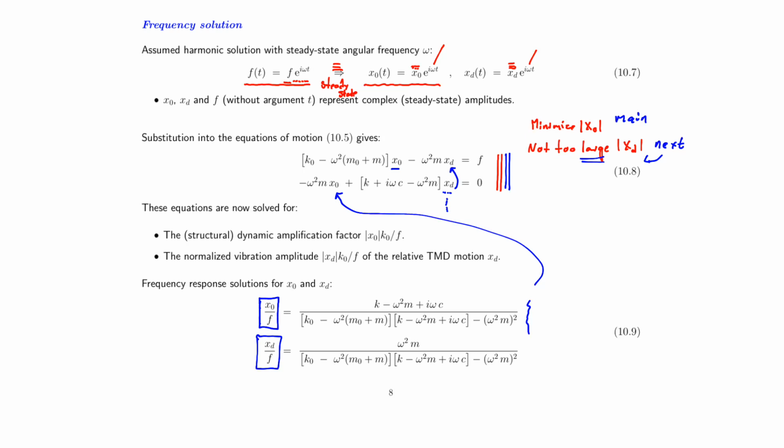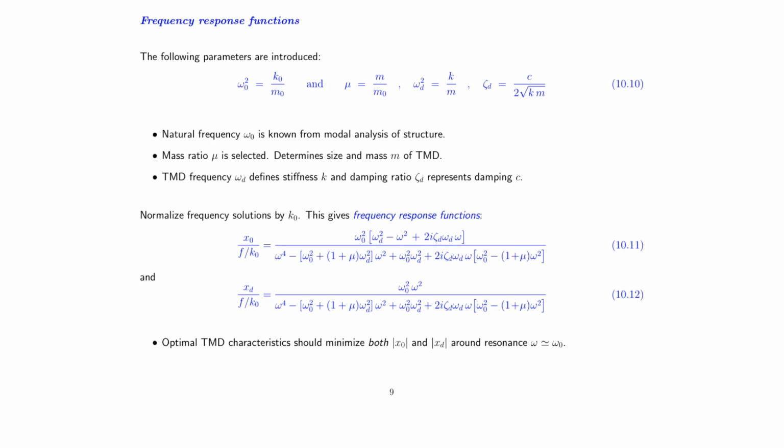So now we have two frequency response functions, one main function for the structural degree of freedom, that's the one we initially want to minimize, and we would like also to minimize this secondary equation representing the amplitude of the TMD. It is, as always, convenient to normalize our structure.